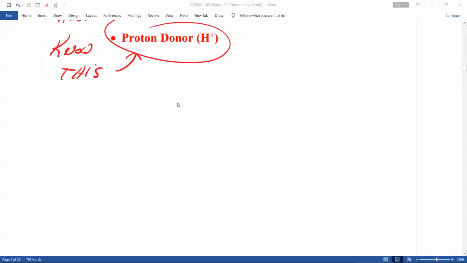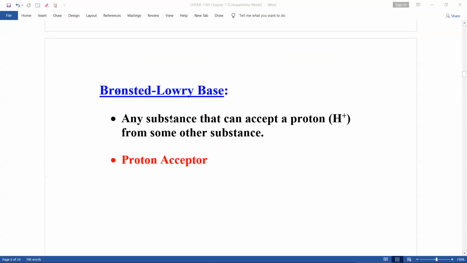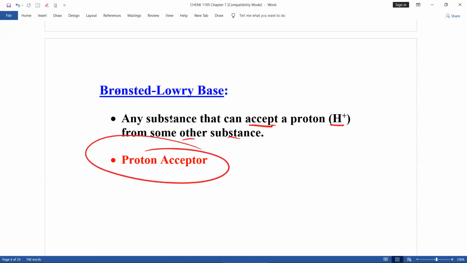Now, what's a base? Just the opposite. A Bronsted-Lowry base is any substance that can accept a proton from other substances.